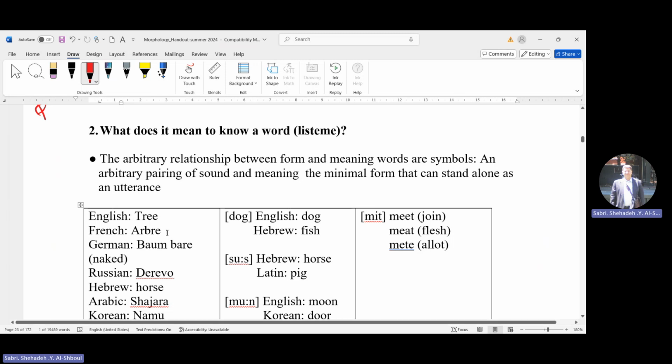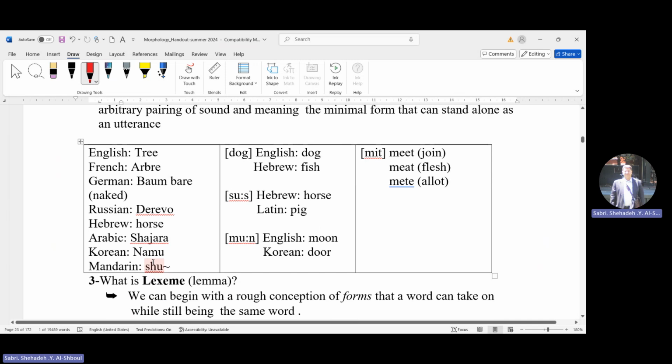utterance. The evidence for this is when we look into different languages like English, French, German, Russian, Hebrew, Arabic, Korean, Mandarin. We find that in these languages, and of course all languages, the meaning of shajara or tree differs depending upon the language itself. While in English it is tree, in French it is arbre, in German it is baum, in Russian it is derevo, in Hebrew it is etz, in Arabic it is shajara, in Korean it is namu, in Mandarin it is shu.